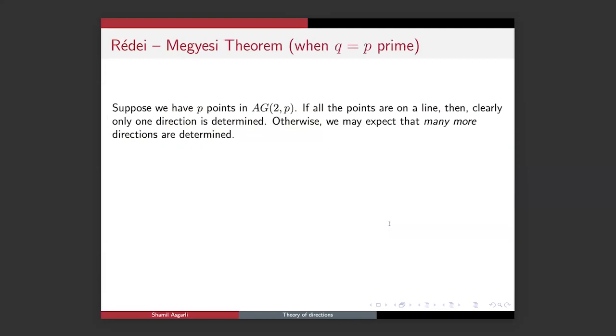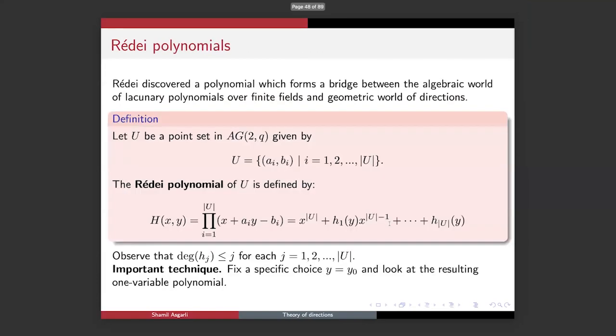Excuse me, but what does it mean, a specific choice? Yeah, that is very important, otherwise you never will get what you would like to get. That's a good question. The technique that's useful is that we don't know how to deal with 2-variable polynomials.